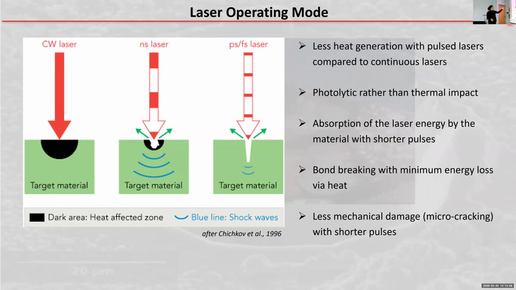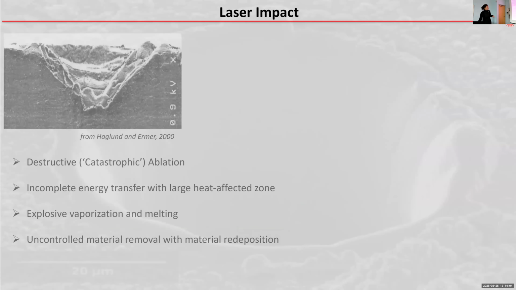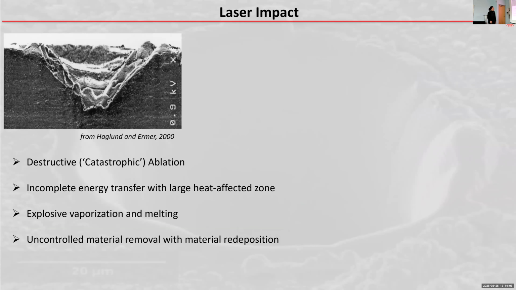And the shorter the pulses of your laser, the better this effect. Because if you don't do that, you will get something like this. This is a crater that was produced by a very long pulsed laser in a silicate rock. And this is called destructive ablation, or catastrophic ablation.